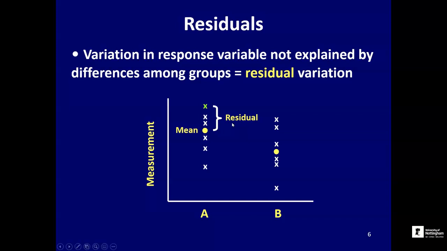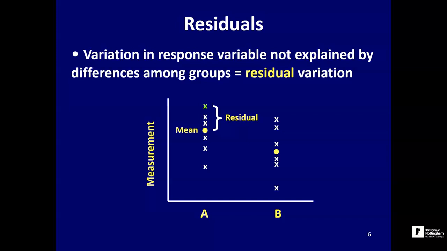And what we can actually do here is partition the variation in height into the bit that is explained by the fact that he's a man, that's the difference between these two means, and the bit that's not, which is the residual or leftover variation, which is the difference between this man and the average man. And we've also called that the deviate previously. So the deviate or the residual variation is actually the thing that we assume is normally distributed.